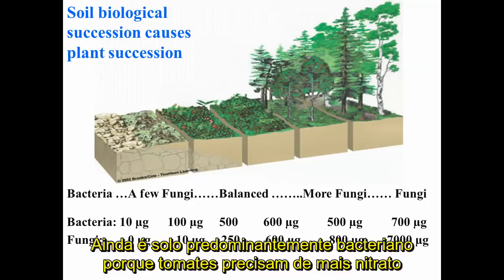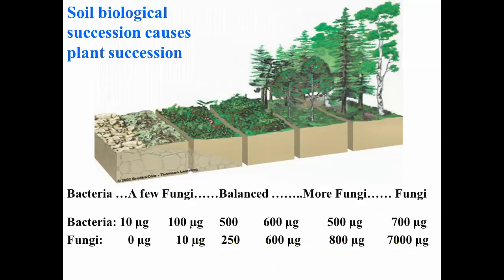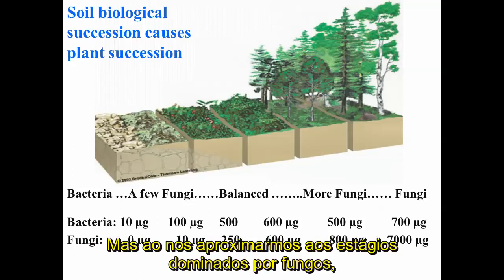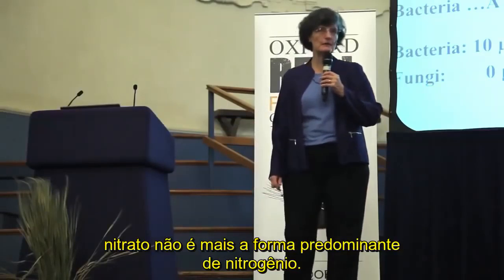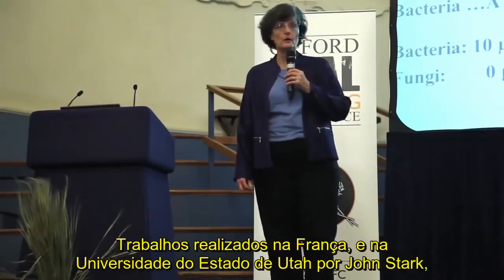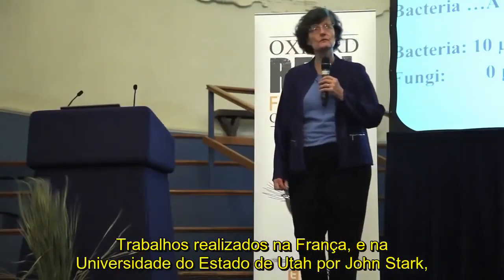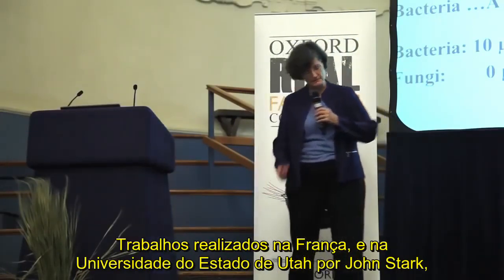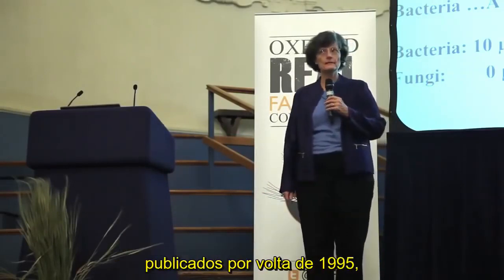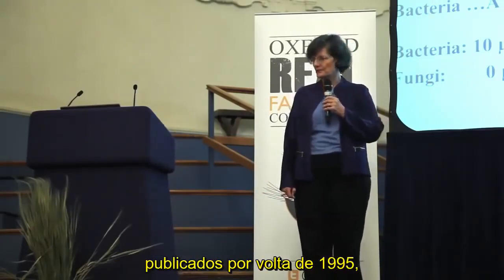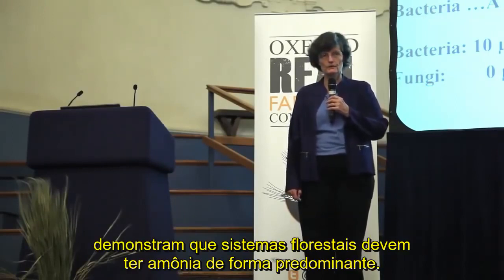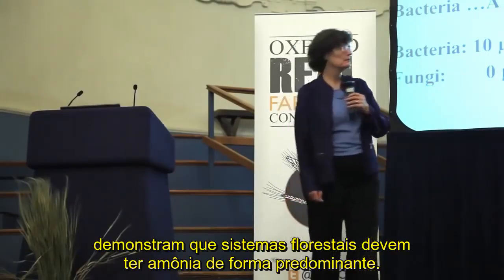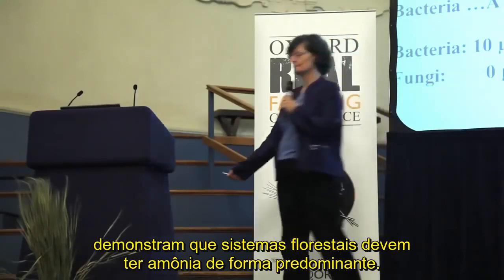Still bacterial dominated because tomatoes need more nitrate than ammonium. But as we get up in this end and we go fungal dominated, nitrate is not the predominant form of nitrogen anymore. Work done by the CEDICs in France and work done at Utah State University by John Stout back in 1995 published papers that showed forest systems must have mostly ammonium.